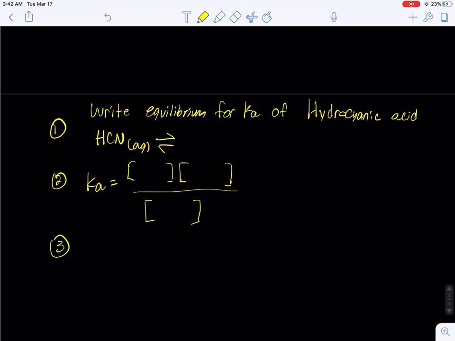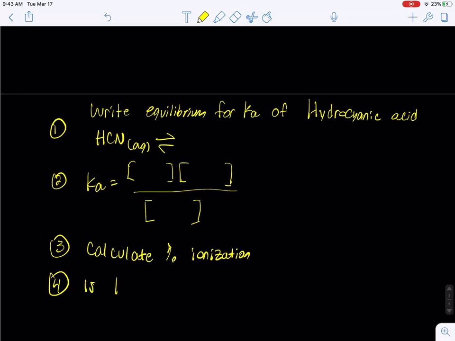The third thing is to calculate a percent ionization. And the fourth thing is to compare that with lactic acid.